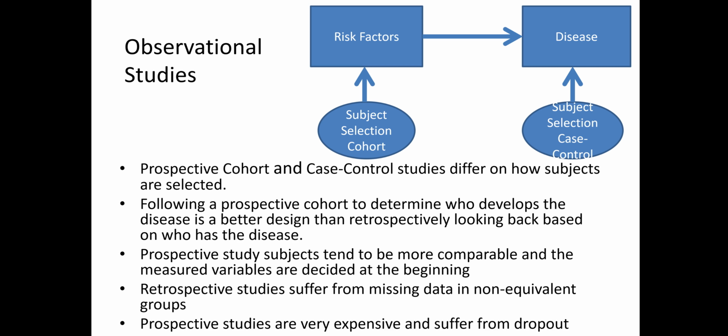Okay, let's talk a little bit about observational studies. Basically, there are risk factors that accumulate over the life of you, and they lead to a disease. In the case of AMD, one of the risk factors is this waste product that builds up in your eye called lipofuscin.